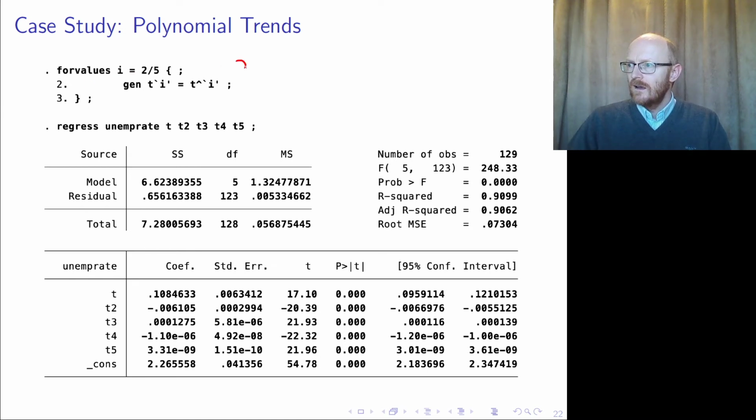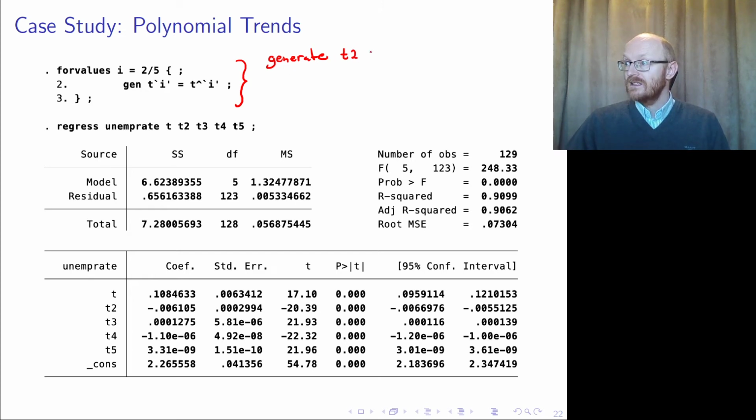If we write this in Stata, it's the same as writing generate t2, for example, because we already have the variable t, the counting variable, in our data set.